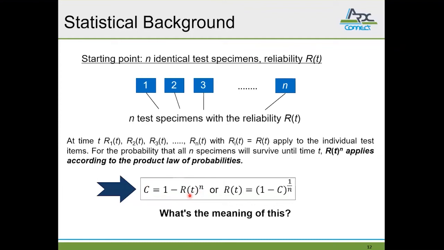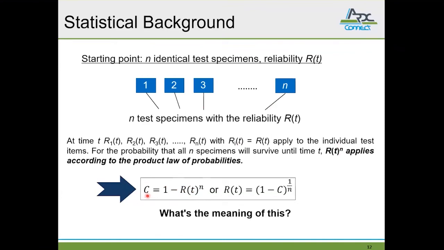And this is also the basic idea of success run testing, as I showed you before, because when there is a certain reliability for all the tested samples, which is r to the power of n, and then we calculate the failure probability of this, let's say, system for our tested samples, and none of the samples is going to fail, then we can use this probability for our confidence for the test. So this is actually the main idea also for the success run, as I showed you in the slide before.